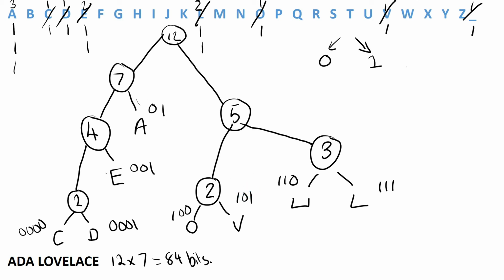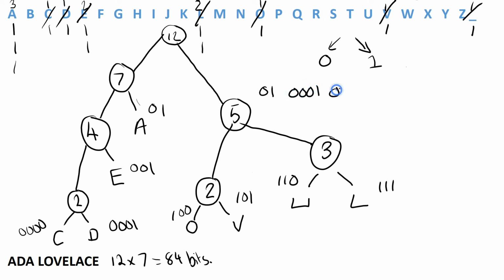So now I've given each character its own unique code. So if I was going to write Ada Lovelace again now, but using my encoded binary digits, I would do it like this. So the A is 0, 1. The D is 0, 0, 0, 1.